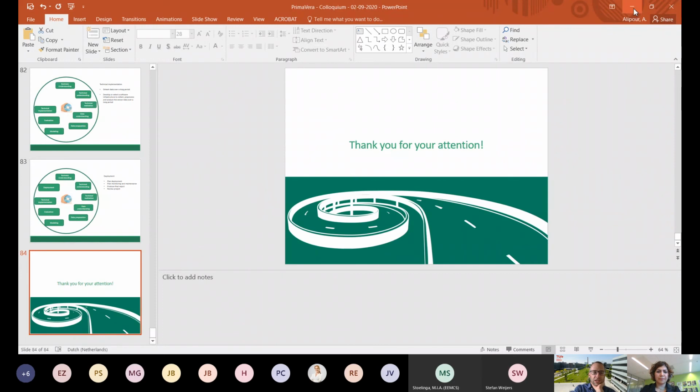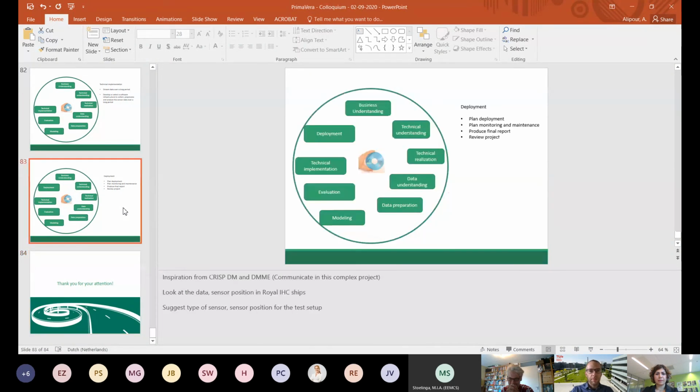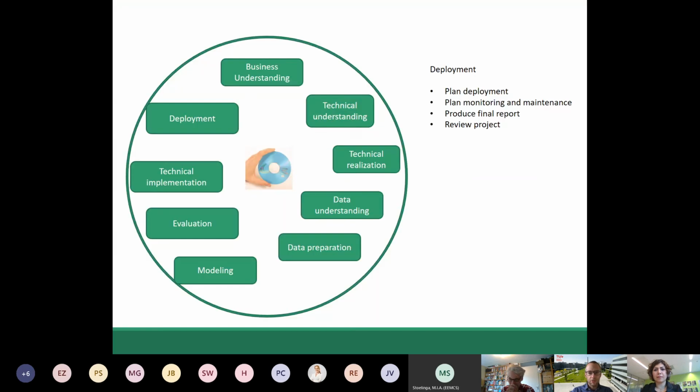I have one question maybe about this final part. Can you be a bit more concrete? You are working on the sensors, and you explained in part 1 that you're going to apply this method that the IHC is already using, but that you want to automate it, basically.